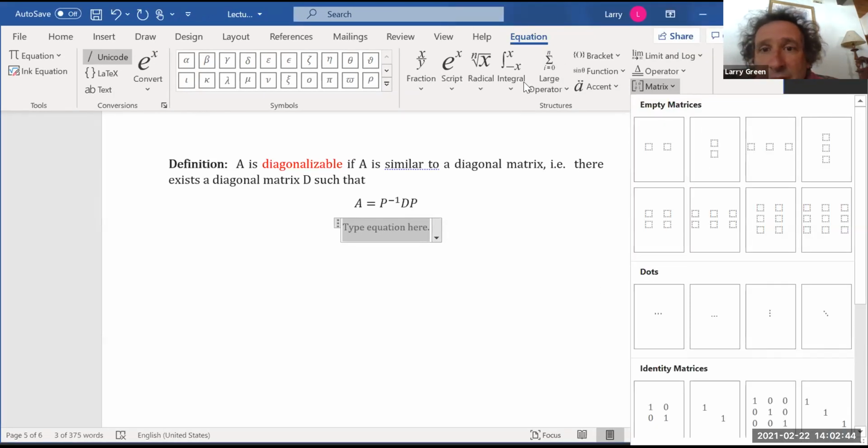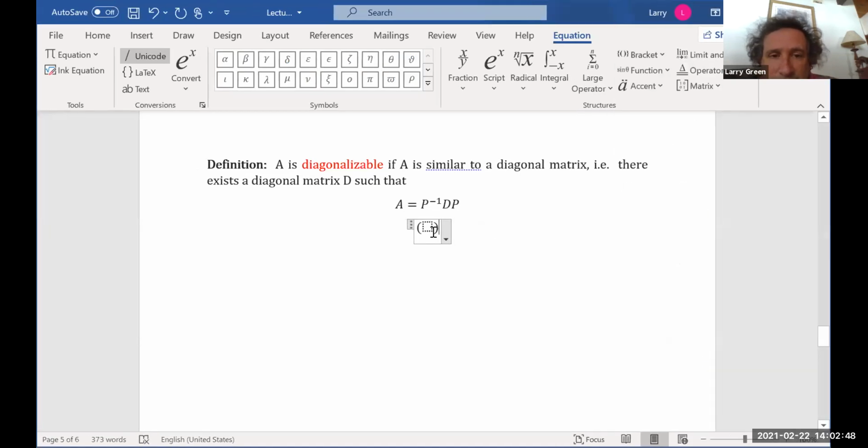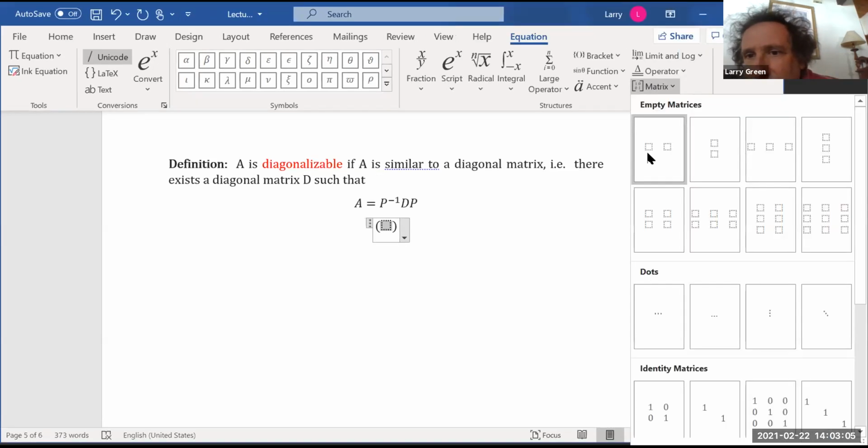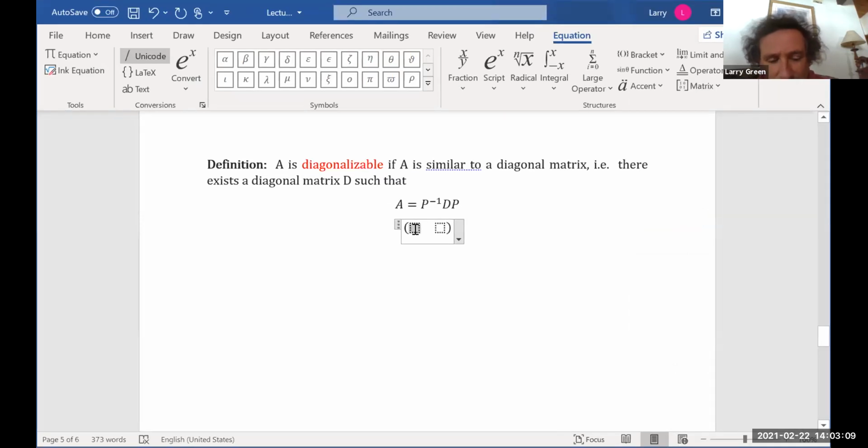I want to go bracket. I always have to do it the right order. Just a minute. I think I need it this way. Hopefully I got it right.